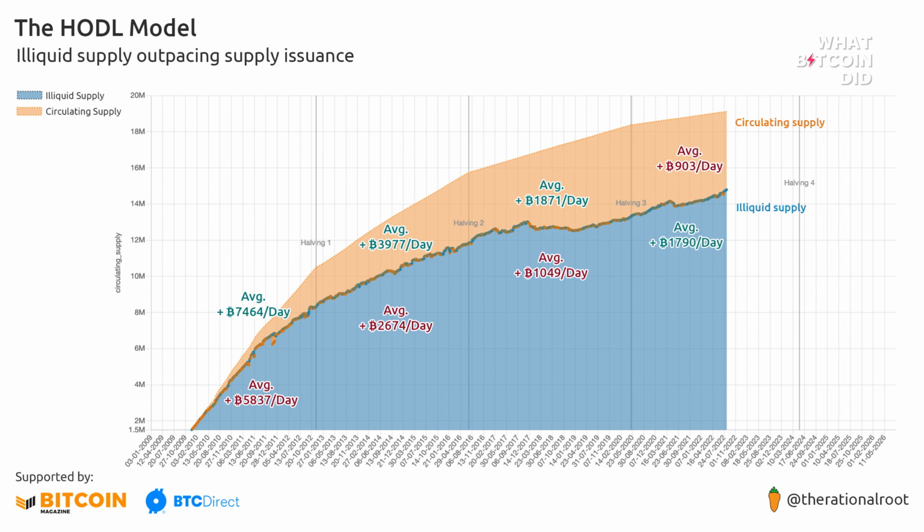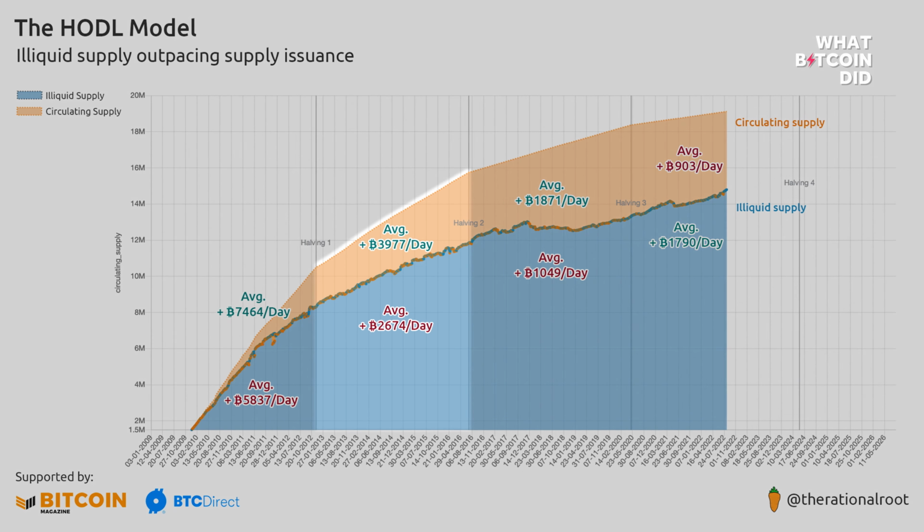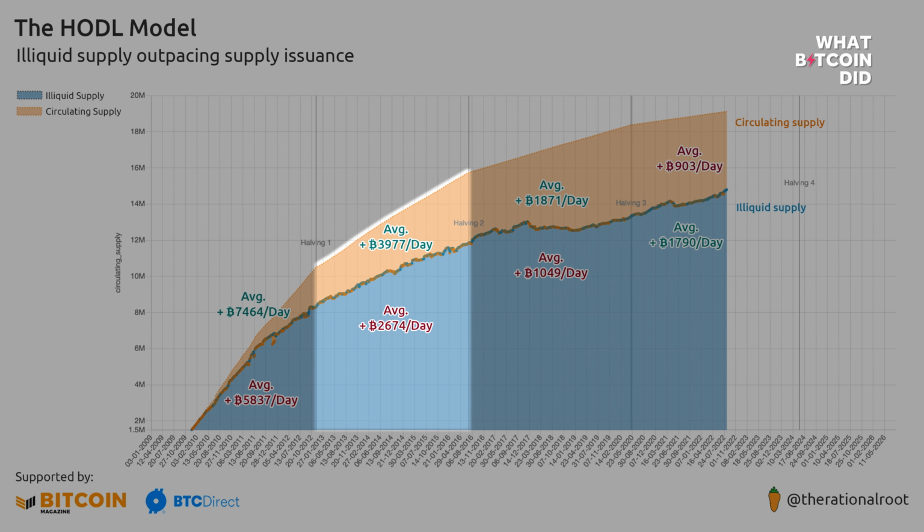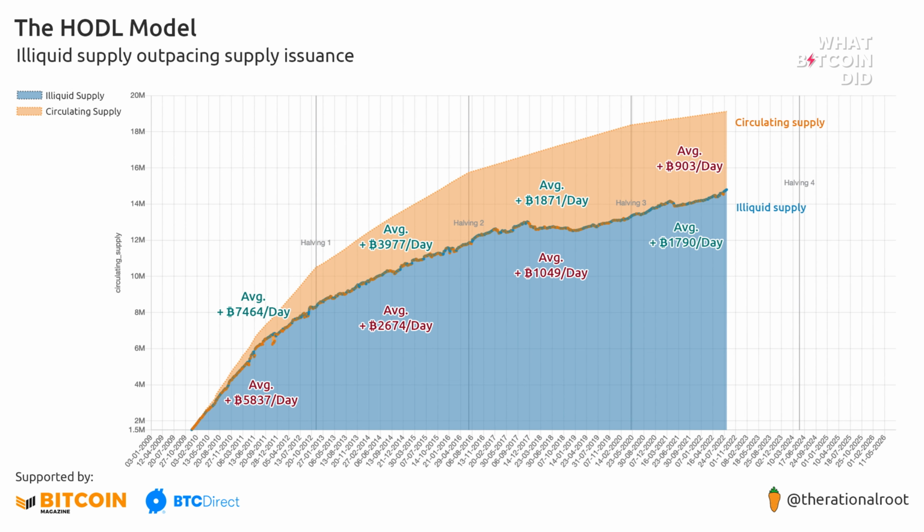After the halving, the block reward halved to 25 Bitcoin per block, or per 10 minutes. That resulted in an average of about 4,000 Bitcoin per day. The illiquid supply then grew by 2,500 a day, more or less. So the supply issuance was always outpacing the illiquid supply growth.